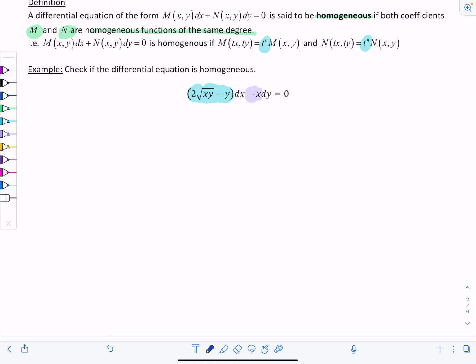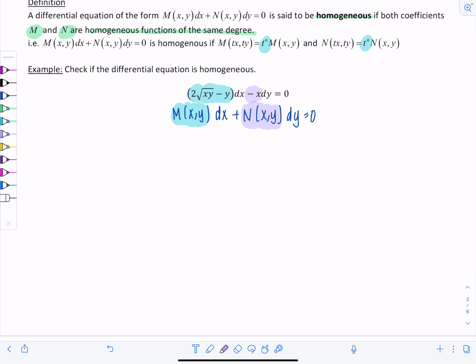Remember, you have to get this form in your memory. M of xy dx plus n of xy dy equals 0. Okay, so let's color code. There's m of xy, it's the 2 rad xy minus y, and then here's n of xy, that negative x.